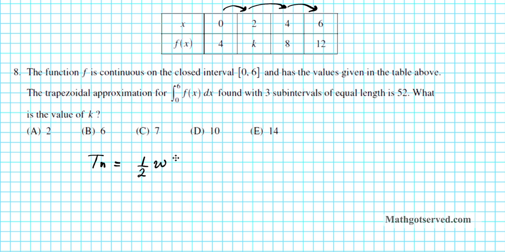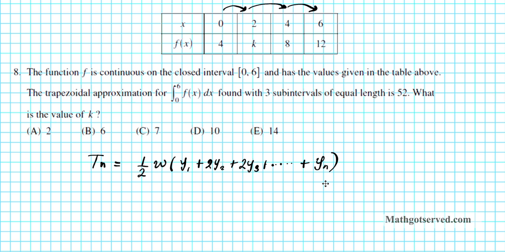So for that we're going to have y1 plus 2y2 plus 2y3 plus, up to, plus y sub n. Okay, so you double all the heights in between because you're sharing two contiguous heights of two trapezoids that are next to each other. So all the interior heights are doubled, but the endpoint heights are just single because it's only one trapezoid.